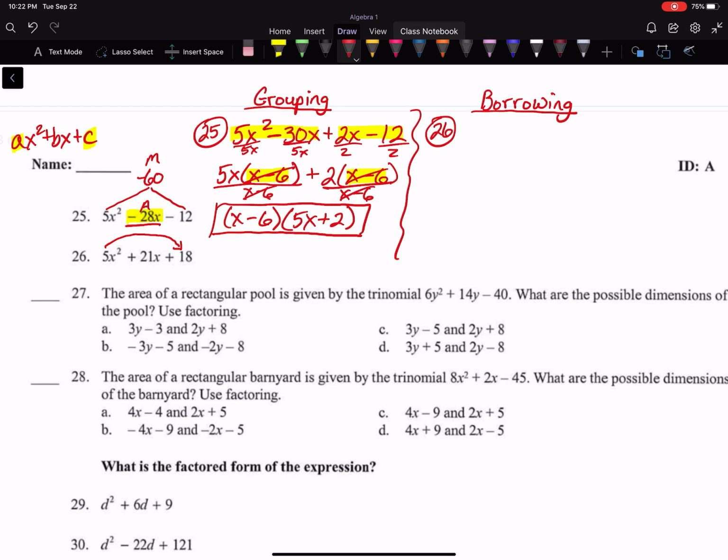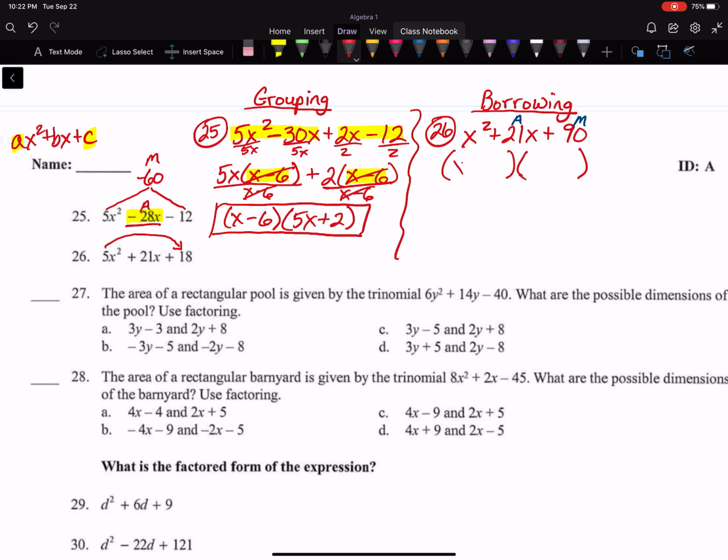Okay, now when I do that, I get to rewrite it x squared plus 21x plus 90. So 5 times 18 is 90. That's where the 90 is coming from. So I'm looking for two numbers that multiply to be 90 and add up to 21. And I'm factoring just like I have been in the problems before this.